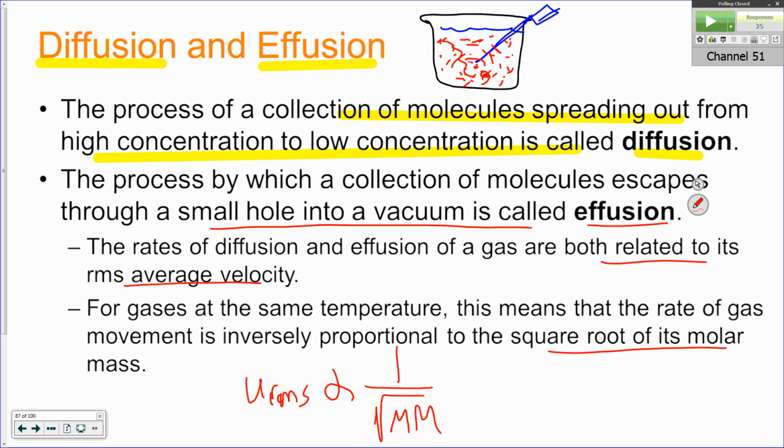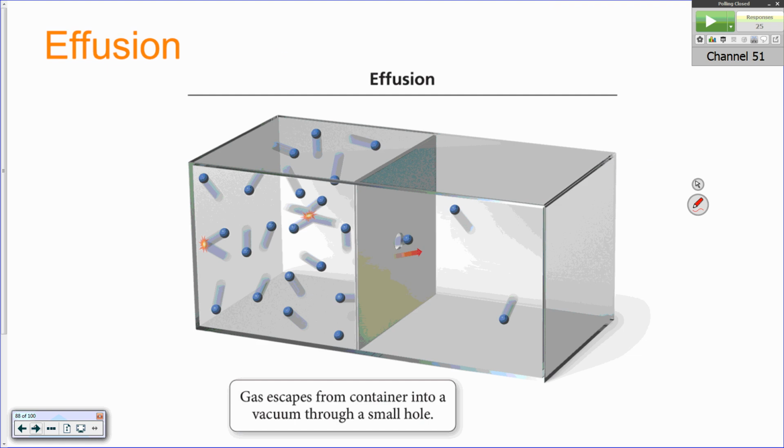Right? So we can take an instrument that can measure this. If we have a gas inside of here and we open up this pinhole to let the gas out, how quick it takes the pressure in this gas to equalize between the two sides, we can measure that pretty easily. It gives us a way to estimate the molar mass of that gas.